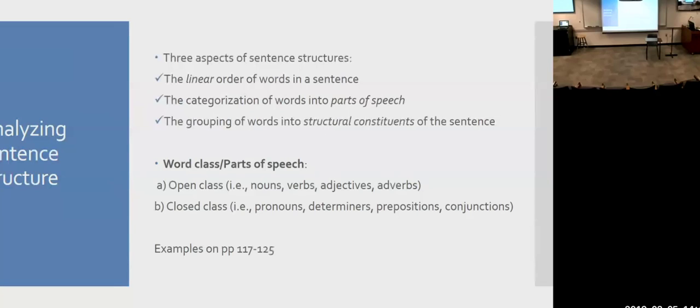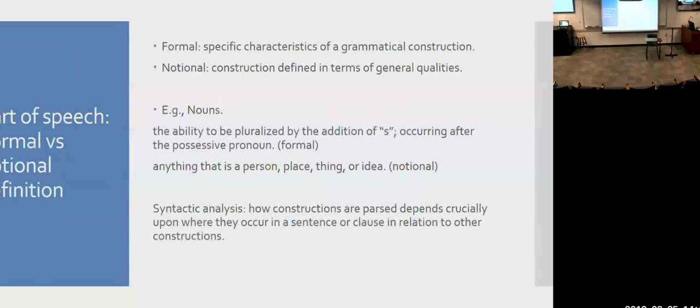However, we need to distinguish between a formal definition and a notional definition when we talk about the parts of speech. So as we know, for nouns, the definition goes like anything that is a person, place, thing, or idea. This is what we are very familiar with, right? So that is actually the notional definition. Even when we are in K-12 classrooms, we are taught that way.